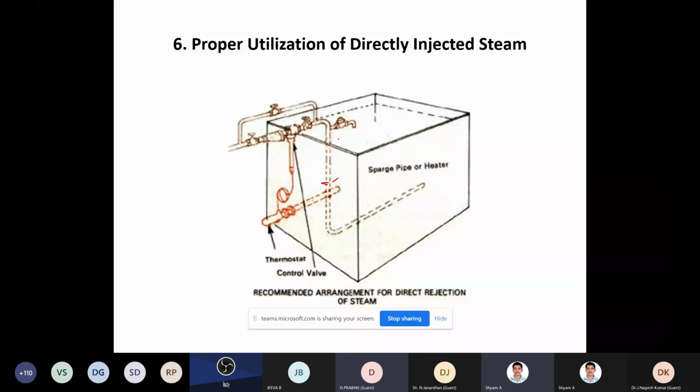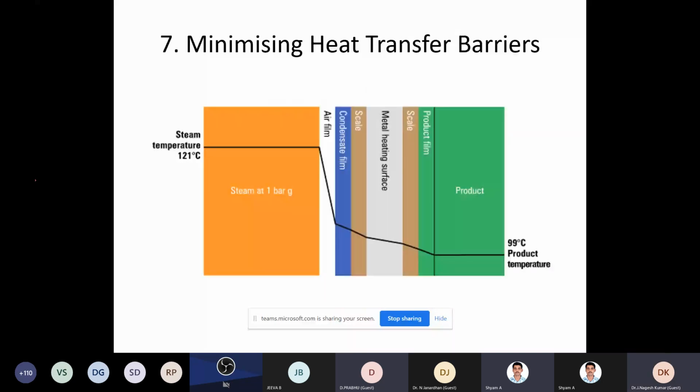Cleaning of heat exchangers plays a major role. If you see the typical heat exchanger, there is this metal heating surface. One side you have steam, the other side you have the product. Adjoining the metal section, there is a scale, the condensate film, an air film, and then steam temperature is 121 degrees centigrade.